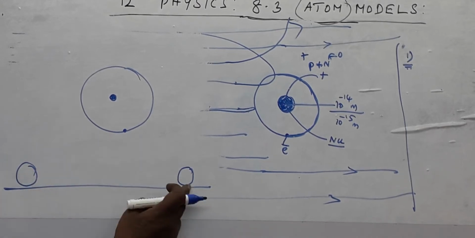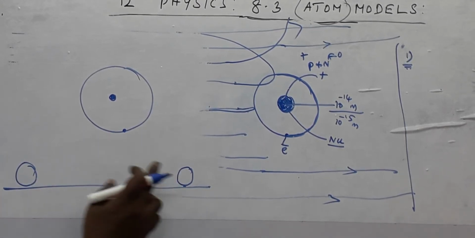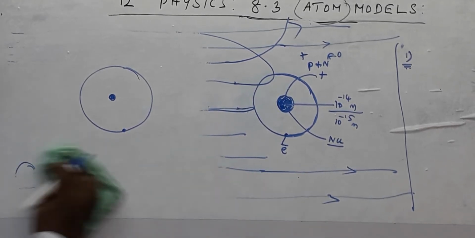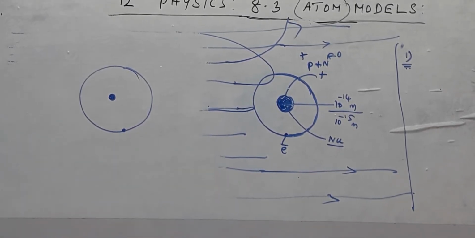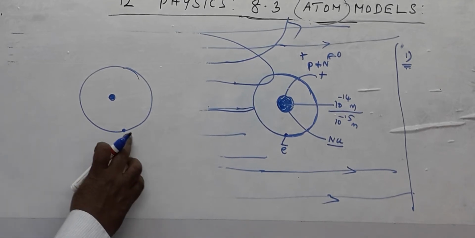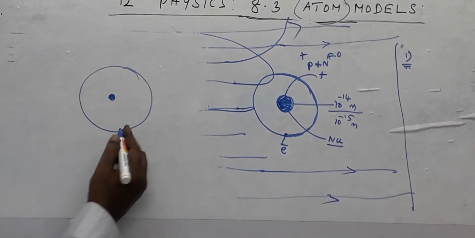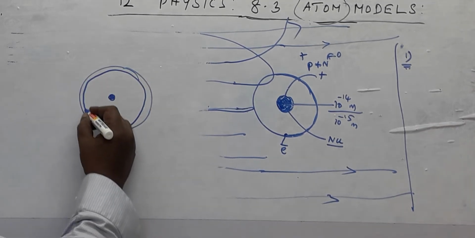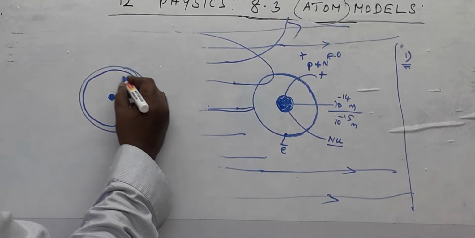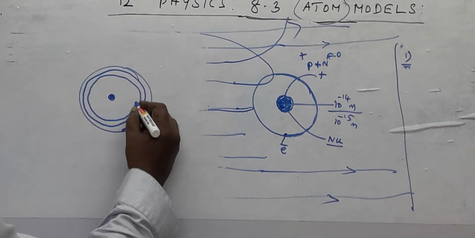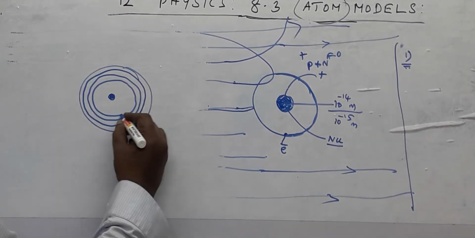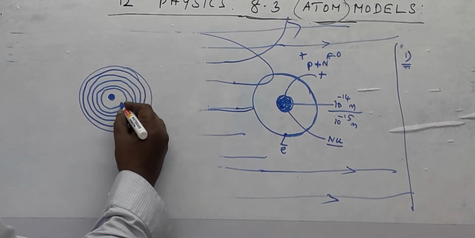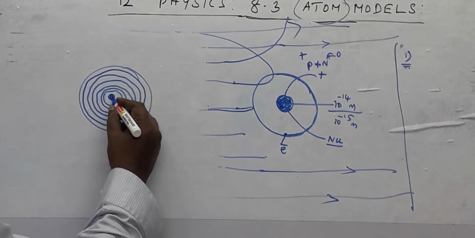In the same manner, if you think about the electron's movement, it is continuously revolving and losing energy, so the path of the electron is not circular but a spiral. That means the radius of the electron's orbit continuously reduces, and at last it collides with the nucleus.